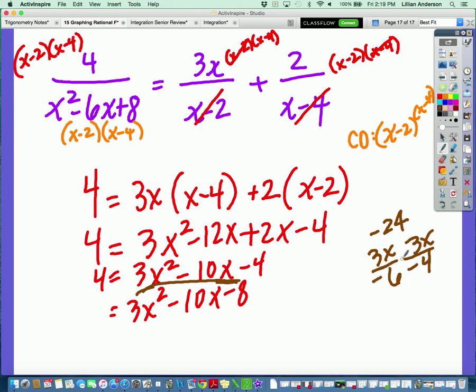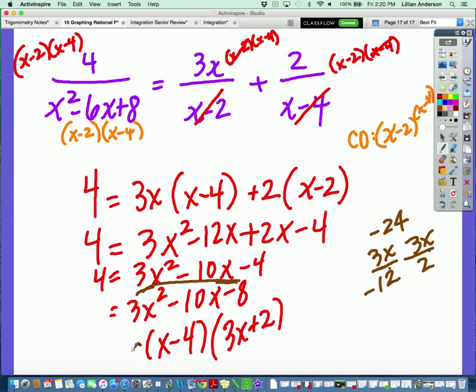Wait, no, that's not it. 12 and negative 2. Negative 12, positive 2. There we go. So when we reduce this, this becomes x minus 4 and 3x plus 2. We said that equals 0. So x equals 4 and x equals 2/3.